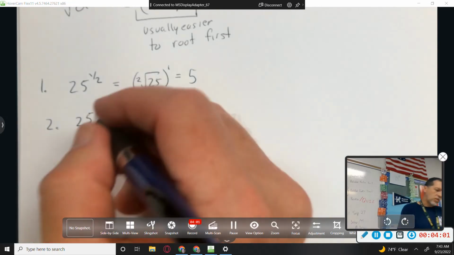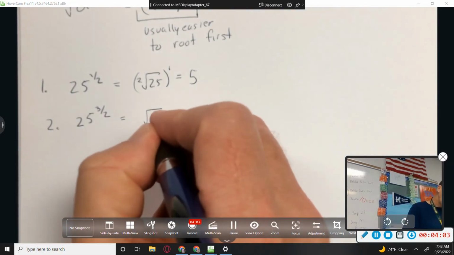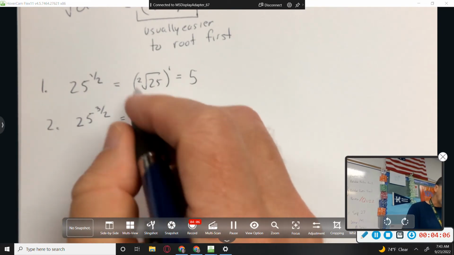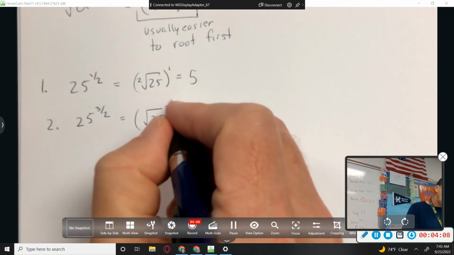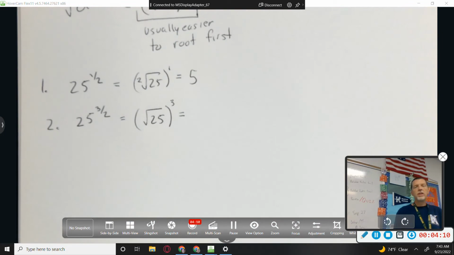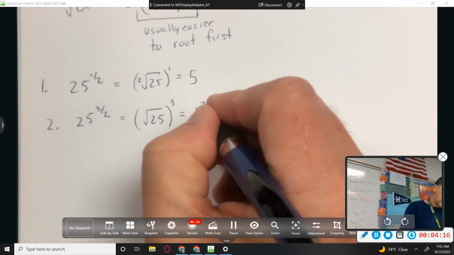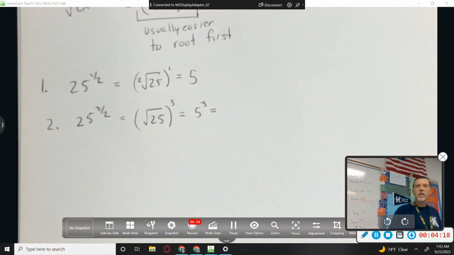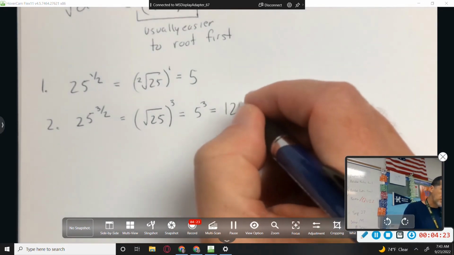That's the square root of 25. I'm not going to put the 2 there because that's not needed if it's a 2. And then cubed. The square root of 25 is 5. And 5 cubed, 5 times 5 is 25, times 5 is 125.